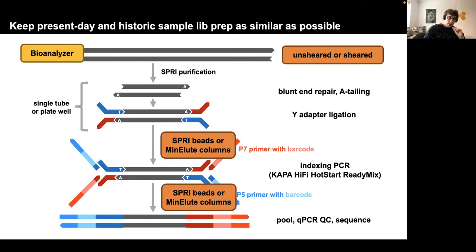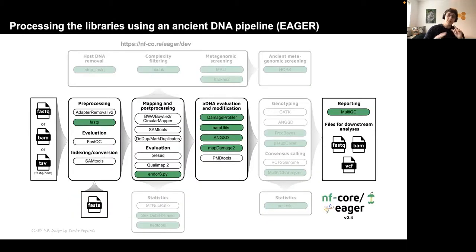And before we actually see the results, another thing that we made sure of is these samples are old. They might not be ancient, but there's still some characteristics that once you get the sequencing data back, you need to take care that you're processing them the correct way.